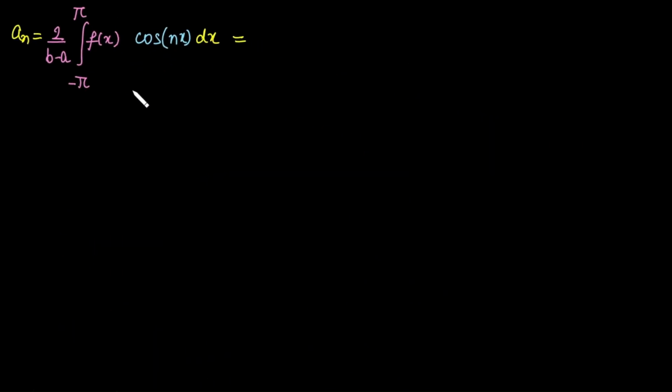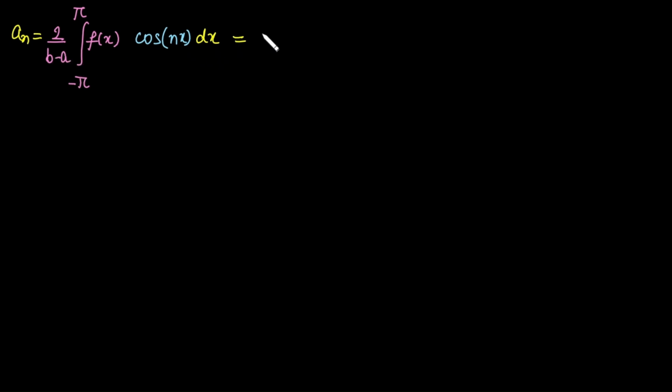Now let's calculate the value of an. That is calculated as 2 upon b minus a, integration from a to b, that is minus pi to pi, of the function f(x) into cos n x dx. The value of b minus a is 2 pi.